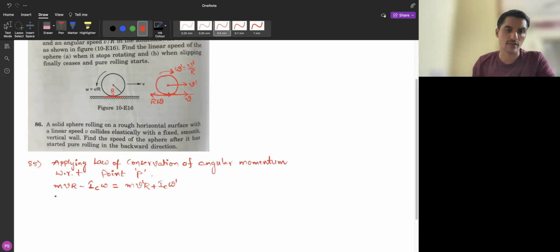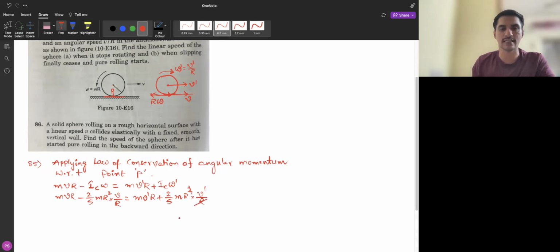Therefore, we are going to get mvR minus 2 by 5 mR square into omega value. We know it is v by R. That is equal to m into v dash R plus 2 by 5 mR square into v dash by R, because it is in pure rolling condition.